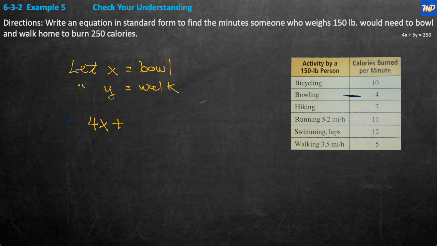We're going to walk for 5 minutes, plus 5y. And that equals, what are we looking for? 250 calories. And that's our equation. You just have to fill it in. And then, of course, they're saying you have to walk 3.5 miles per hour to get that 5 calories per minute. Okay? Good job, everyone.